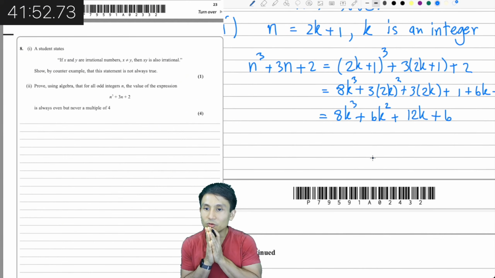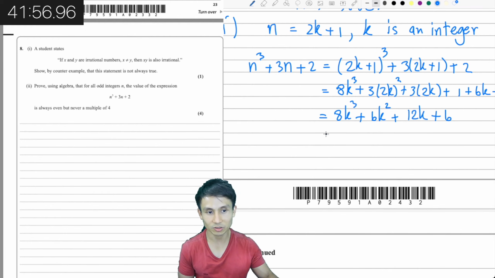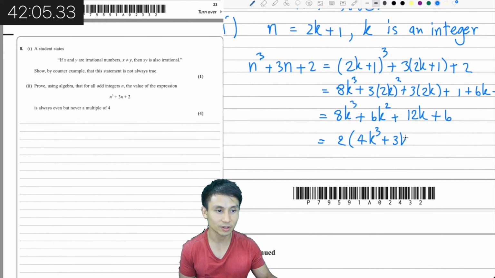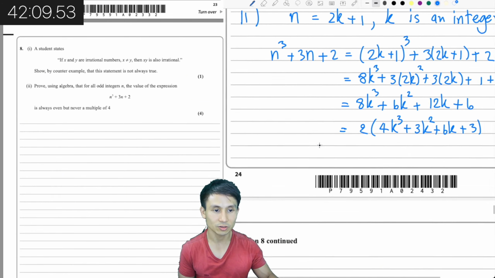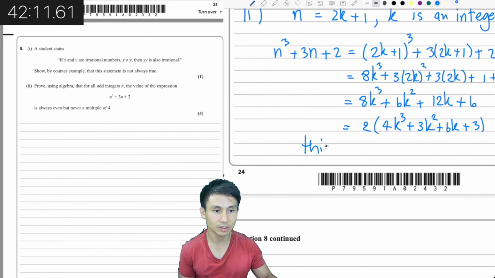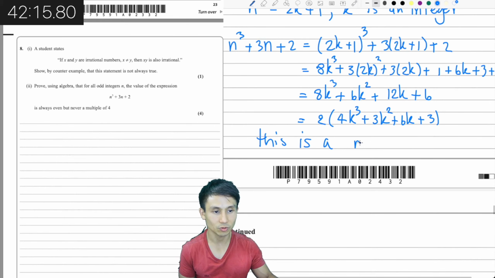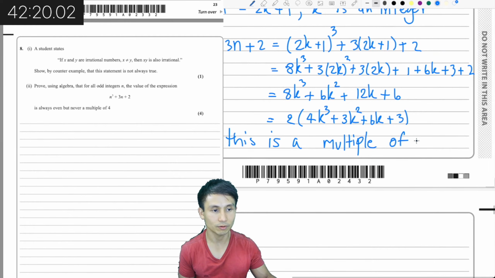Now, if we prove that it is always even, so we just take 2 out here and then say that everything inside is also an integer. Right? So just factor 2 out here. So this is a multiple of 2.